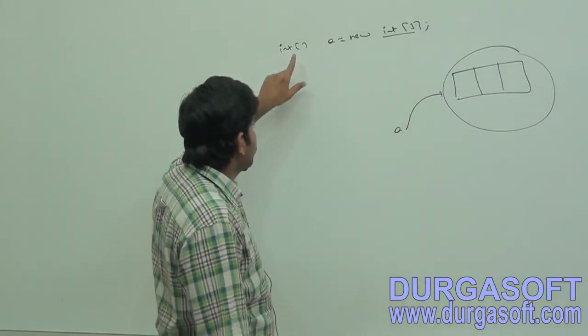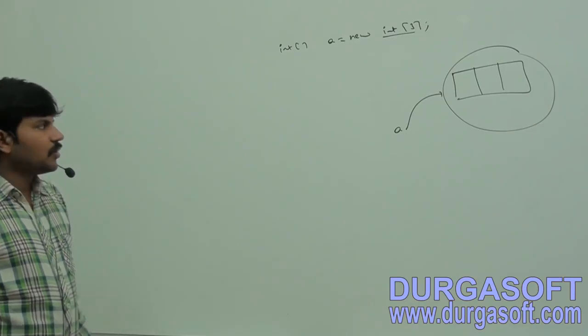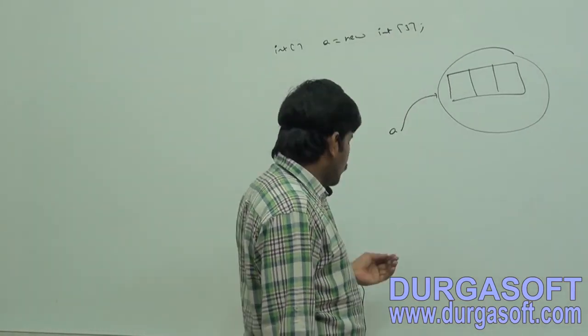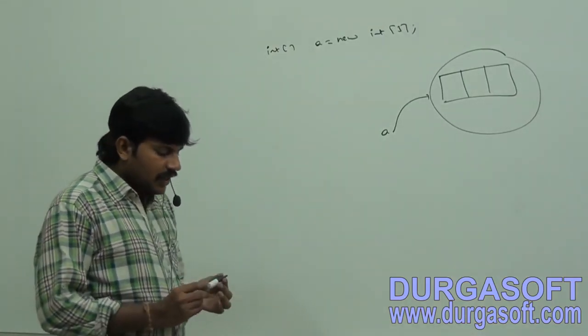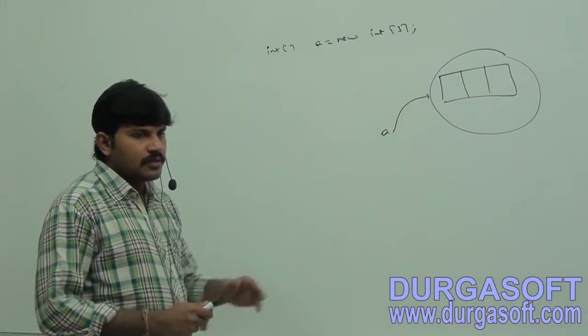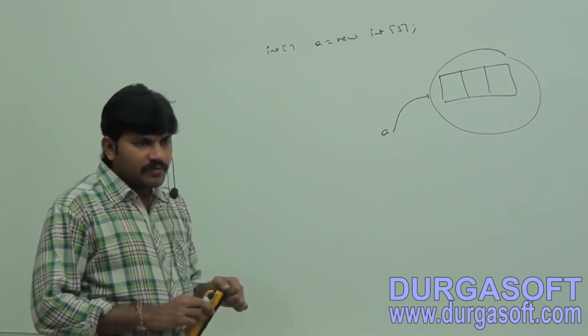Okay, take this one example. int[] a = new int[3]. Take this clearly.